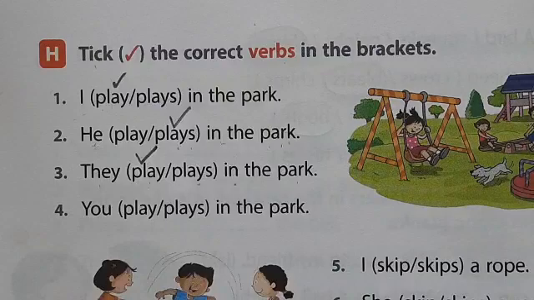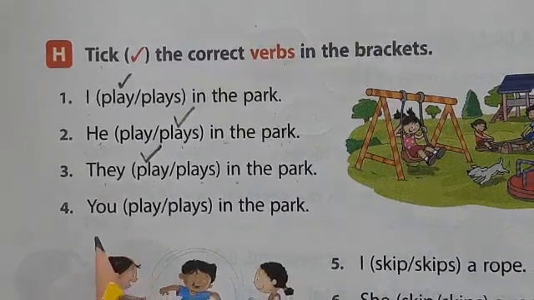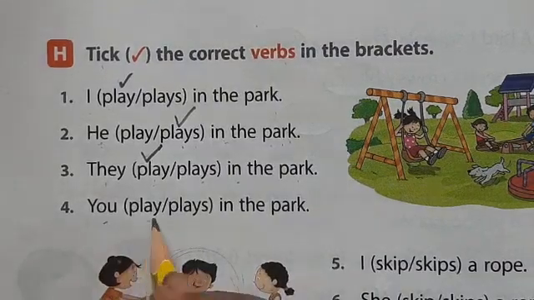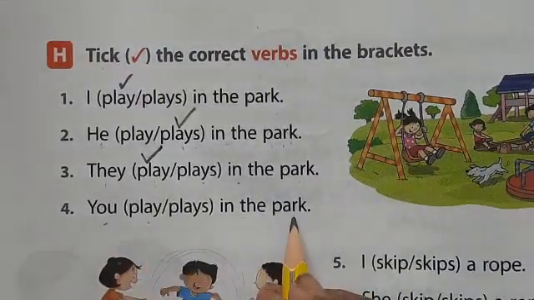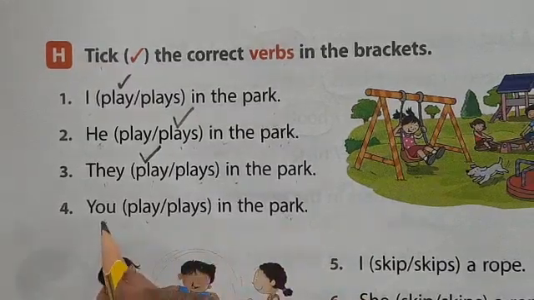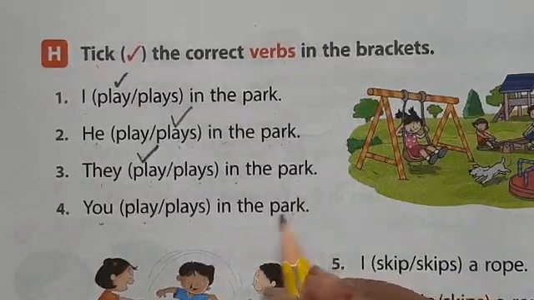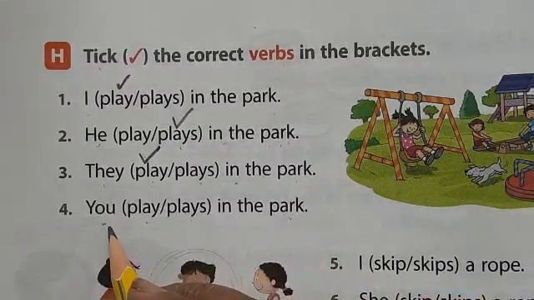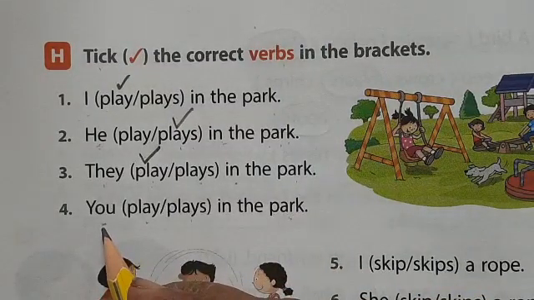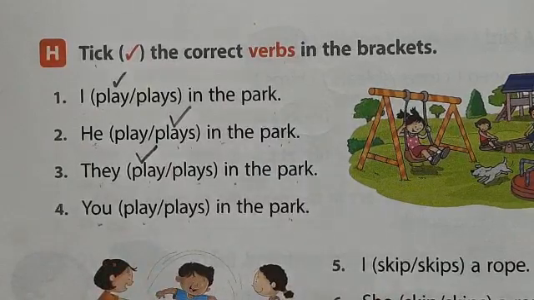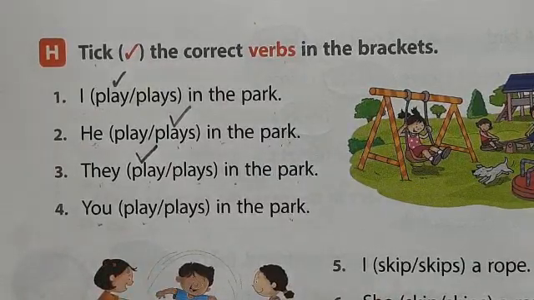Okay. Now children, let's do the fourth one also. You play in the park. You plays in the park? Again, here I'm addressing you. It may be like I'm talking to Rani: Rani, you play in the park.